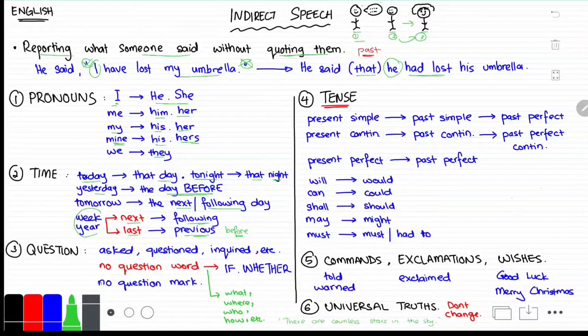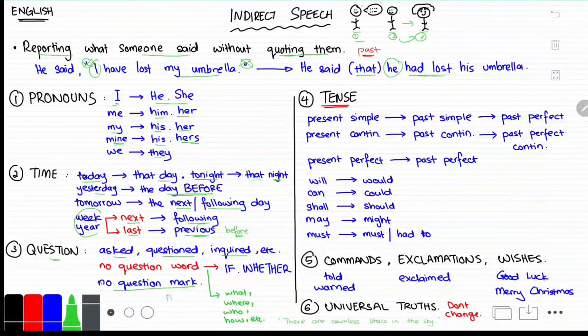All right? In cases of questions, we change it to "asked," "questioned," or "inquired." But we remove the question mark. There will be no question mark in the sentence. For example, "Where is she going?" becomes "he asked where she was going," full stop.